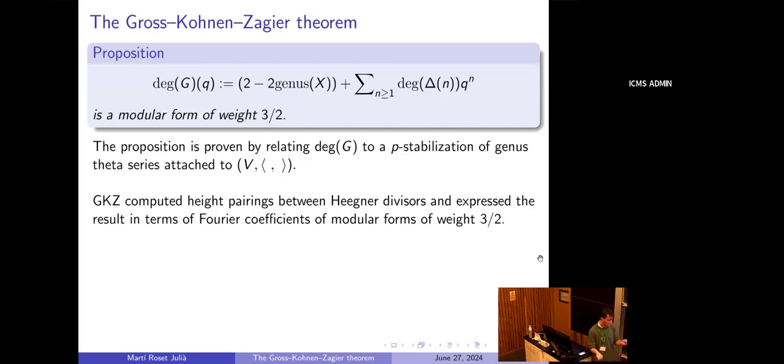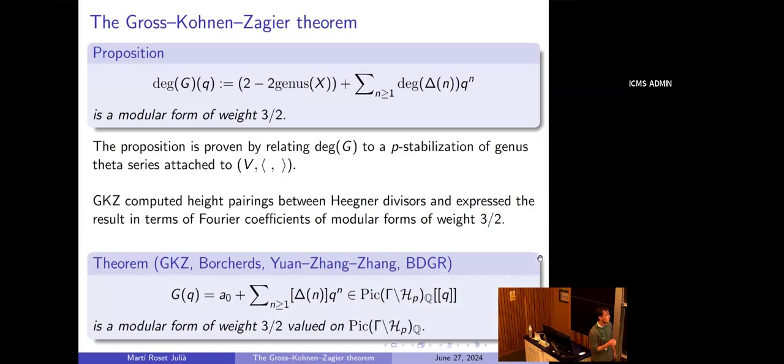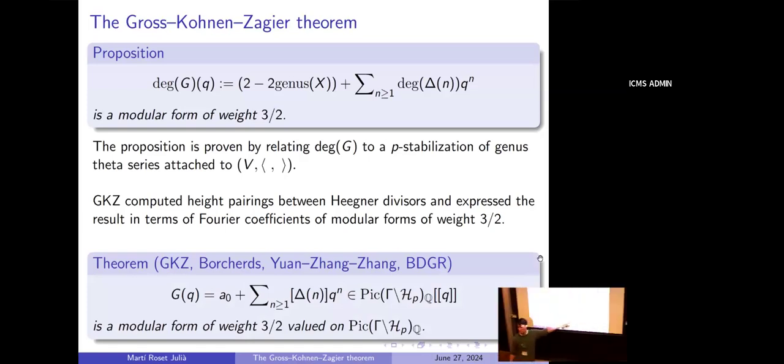And this is what led them to what we call now the Gross-Kohnen-Zagier theorem, that in the case of Shimura curves was actually proved by Borcherds and Yuan-Zhang first, which says that if we make a generating series, but where the coefficients are classes of these Heegner divisors, so this is a generating series with coefficients in the Picard group, this is a modular form of weight 3/2 taking values in this group, the Picard group.